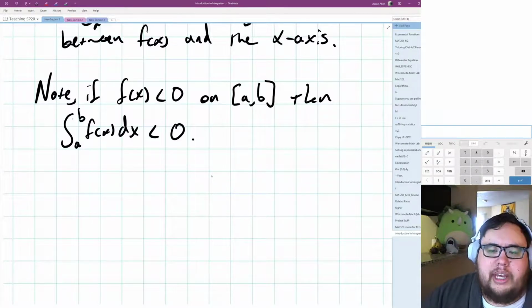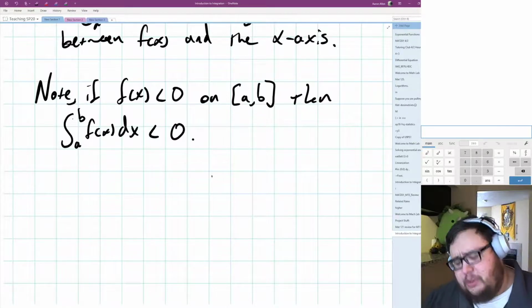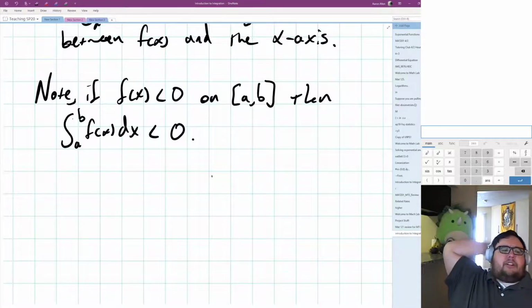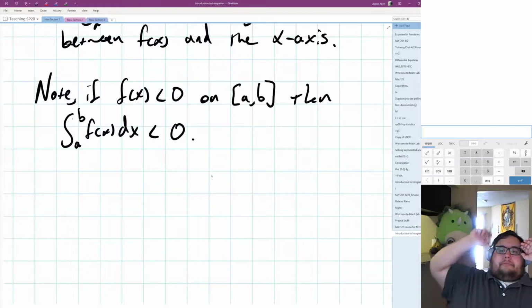So integrals have the same idea. Positive values of the function will give you positive areas. Negative values of the function will give you negative areas. Okay. It still does measure that geometric area. It's just that anything below the x-axis will be subtracted from the total instead of added to it.